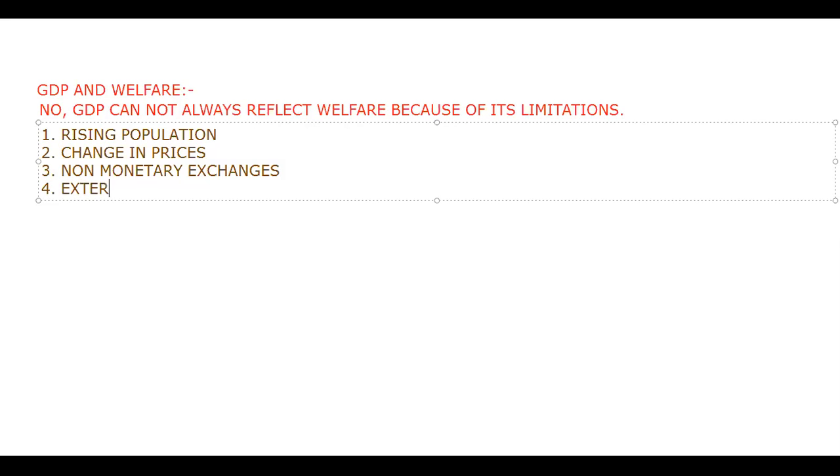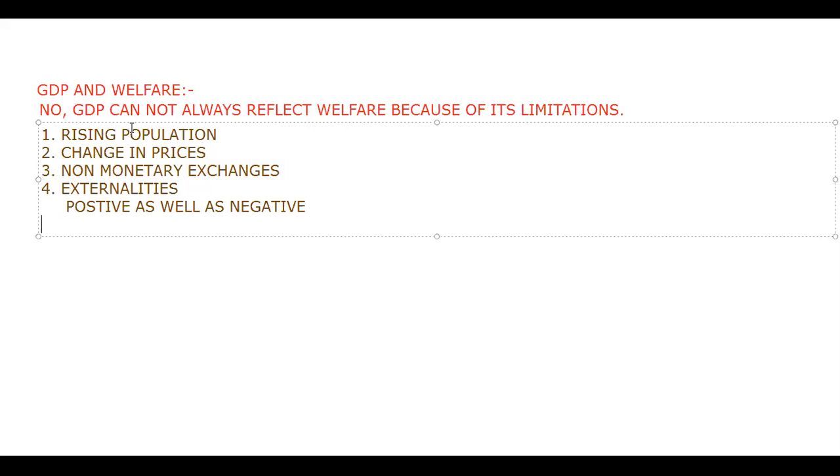Okay, next, externalities. Remember what externalities are? They can be positive as well as negative. We are not considering the externalities in the GDP. Externalities are basically the things which can affect our GDP either in a positive or a negative way. For example, we have more industries in our economy, and we are happy that we will be producing more goods and services.